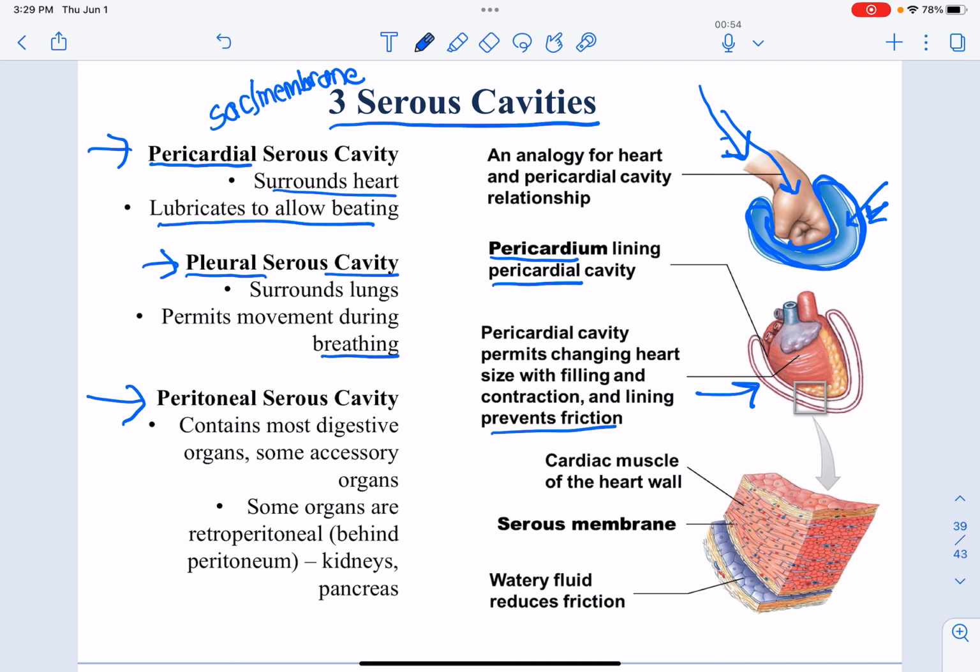We also have a peritoneal serous cavity, and this is what is surrounding the peritoneum, another term for the abdominal cavity. This is where most of the digestive organs are, along with some accessory organs, and this is to help when the intestines are always moving during digestion. So again, we want to reduce friction.